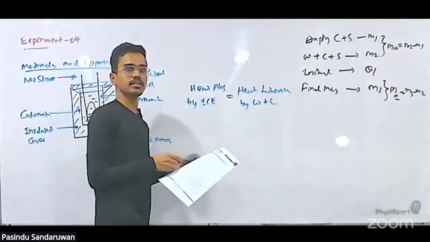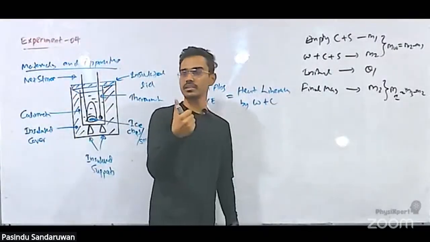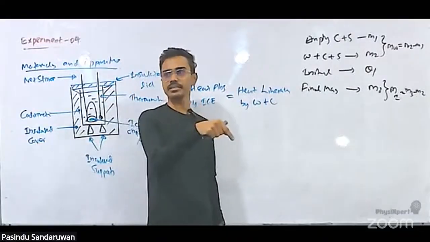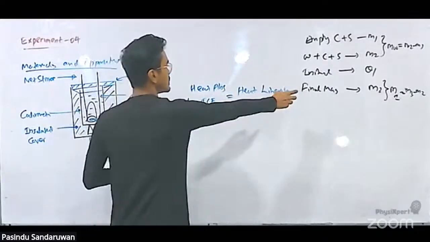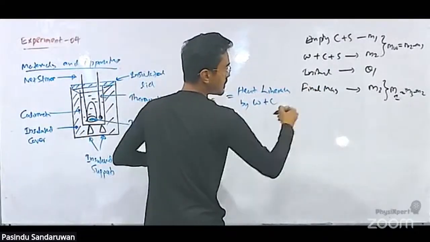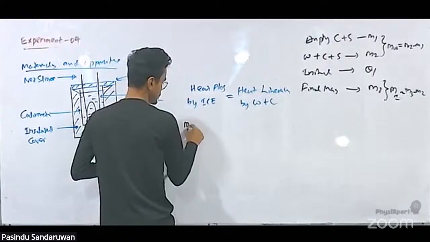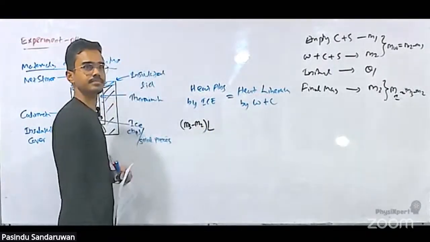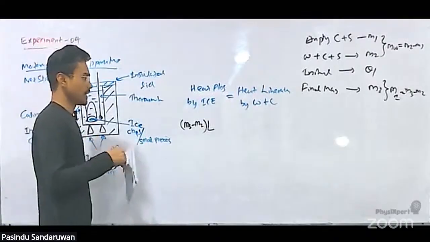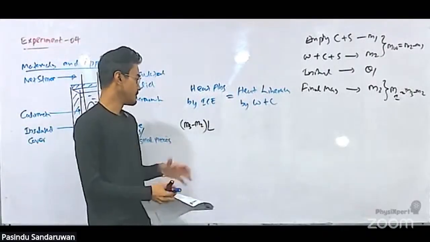Ice absorbs heat for two things. The first one is the state change, melting. Ice melting only, melt heat m L. The mass of ice is M3 minus M2. M3 minus M2 into L of ice, right?